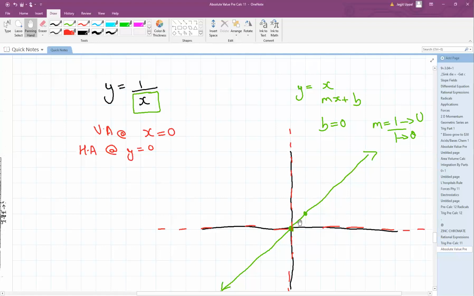When you take the reciprocal of a really small value, you get a really large value. So this graph is getting really small for y values. The reciprocal is going to get really large as you get close to that 0. And these are your really big y values. So the reciprocal of really large values is really small. It's going to get real close to 0, but it's never going to touch it.